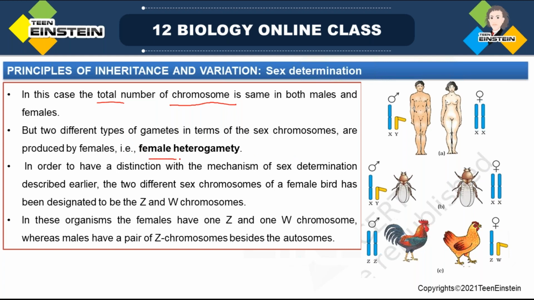That means female heterogamety. So in order to have a distinction from the mechanism of sex determination described, the two different sex chromosomes of a female bird have been designated as Z and W chromosomes. Is it clear? I'm explaining with this PowerPoint because it will be easy for you to write notes also.